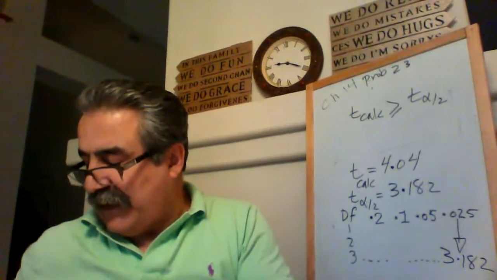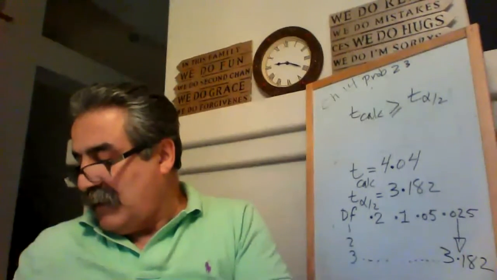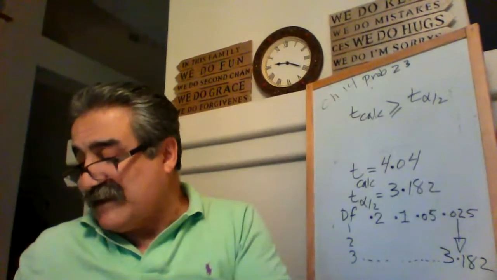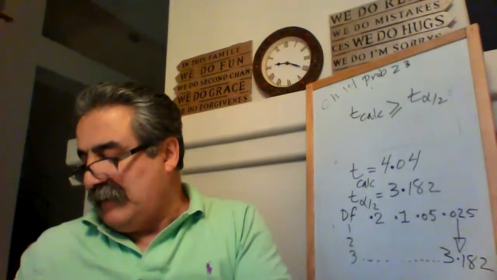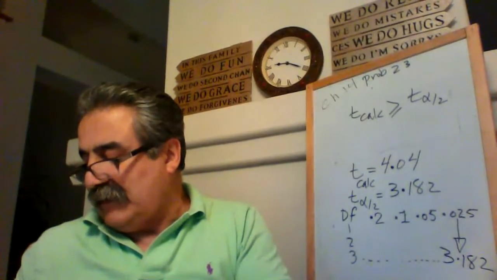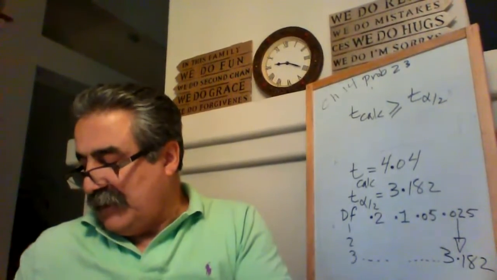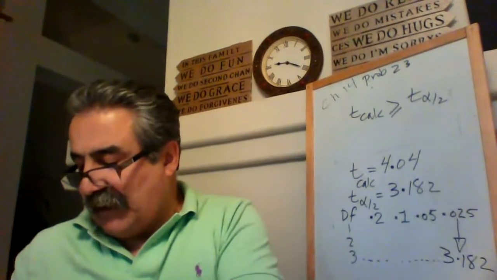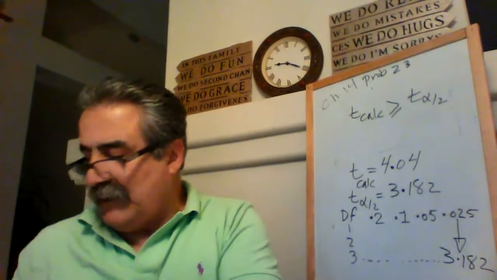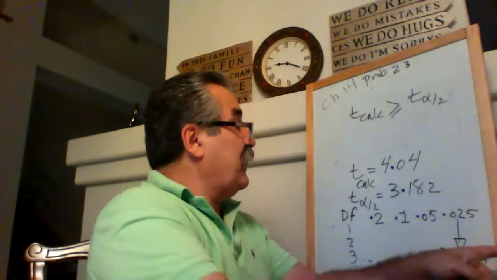It's going to be less than 0.025 and less than 0.01, because if you go to the table across from number 3, the next value is 4.5.